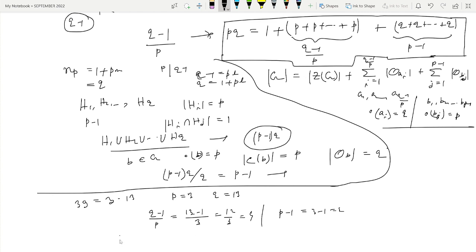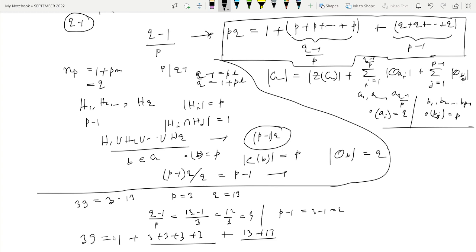So the class equation should be 1 plus 4 times 3 plus 3 plus 3, and plus 2 times 13 plus 13. And it is given there in option 1. So it is a correct class equation.